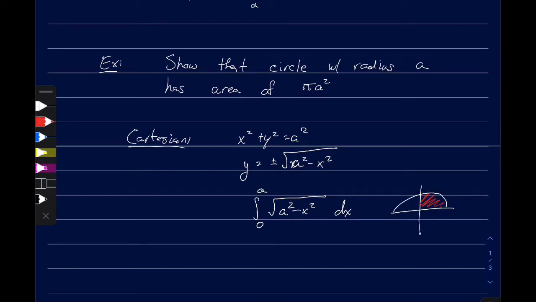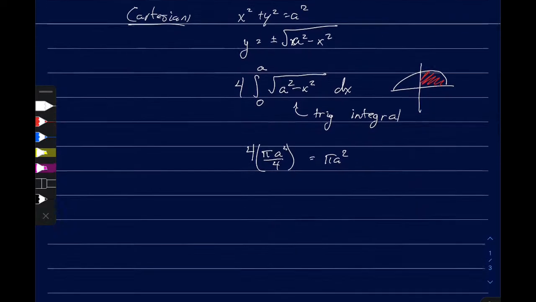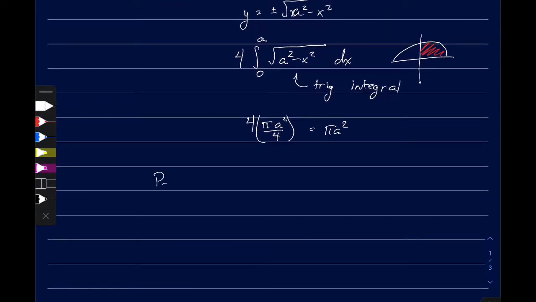We would take this area and multiply it by 4. Then we would have a trig integral, and when we finally evaluate it, we would get 4 times pi a squared over 4, and then we would get pi a squared. That is just a huge mess that we would have to go through many, many steps to deal with.